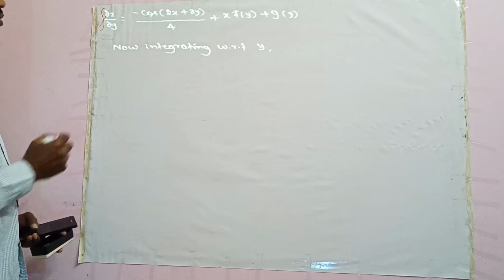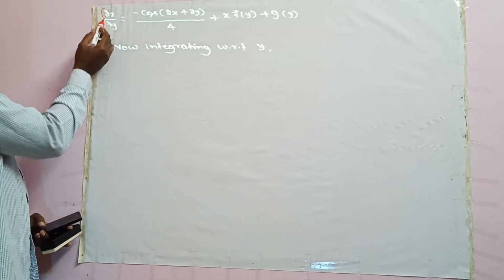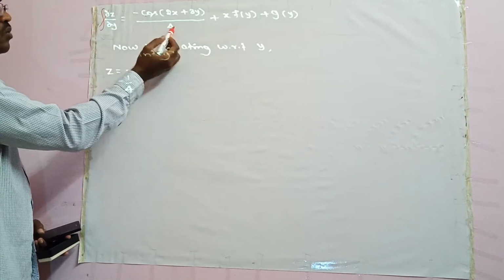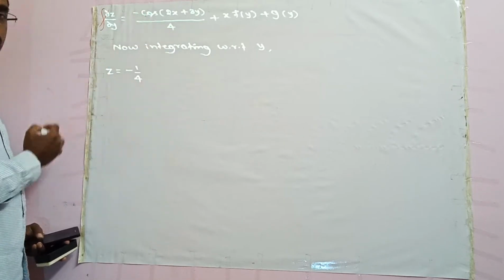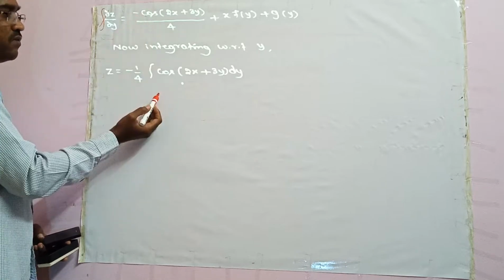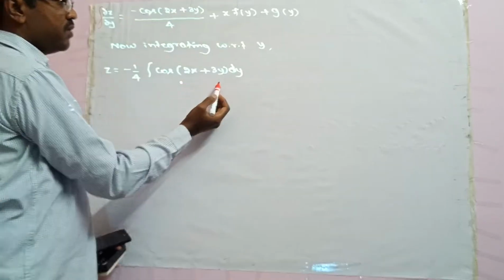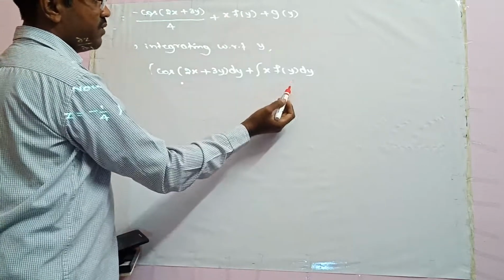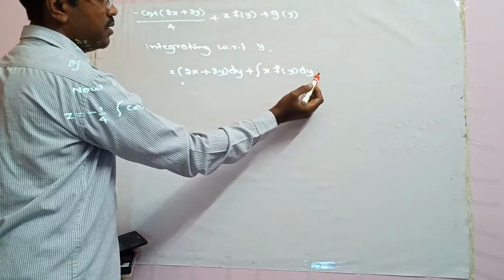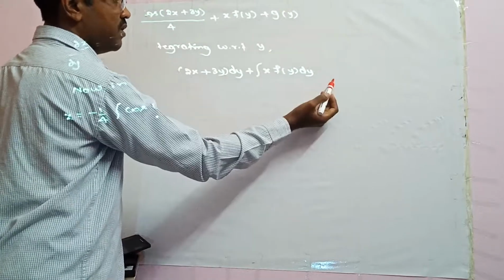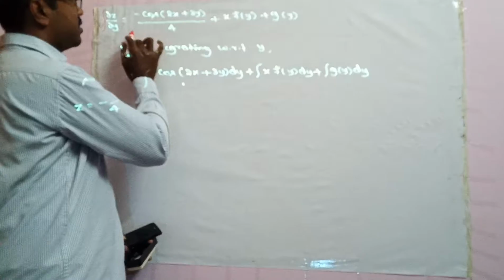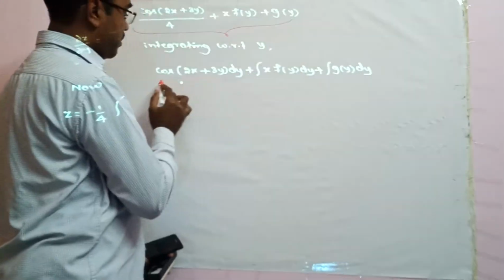Let us integrate now. If you integrate, derivative and integration cancel, what remains is z equals minus 1 by 4, constant as it is, integration of cos of 2x plus 3y with respect to y, plus integration of x f of y with respect to y, plus integration of g of y. This is about the integration of these terms till here.